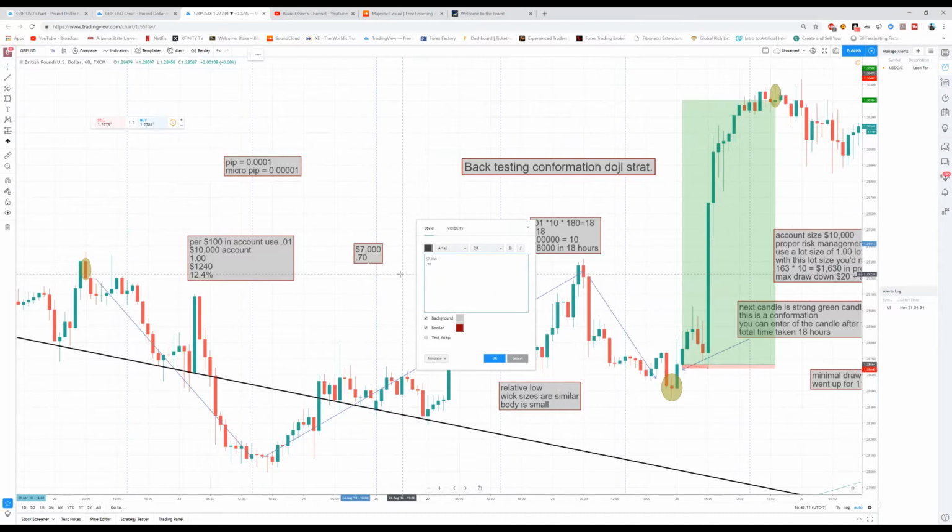Mini lots are the easiest to calculate how much money you make, because however many mini lots is how many dollars per pip you make. So 0.7 or 7 mini lots means you make $7 per pip.